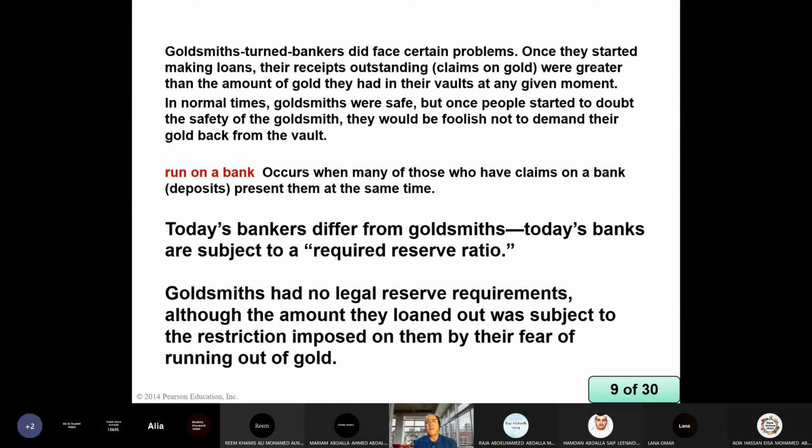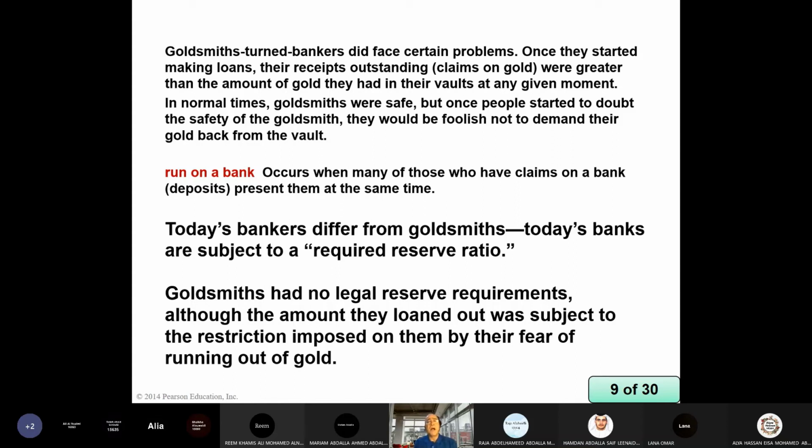So it was just the fear, because they felt afraid they would be in trouble if depositors ran on them to withdraw gold. So they tried to issue new receipts or lend a limited amount of gold.